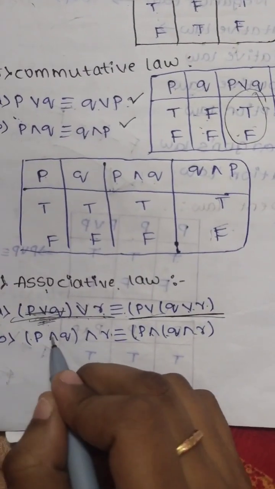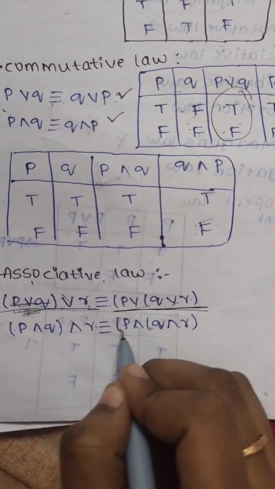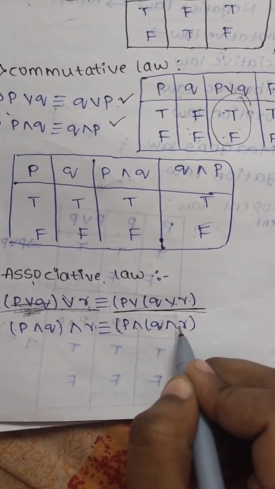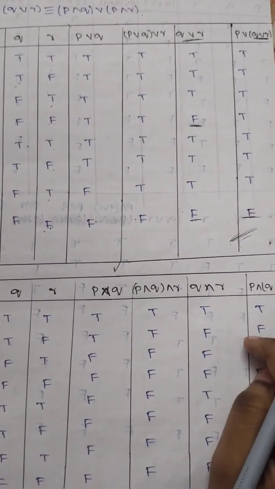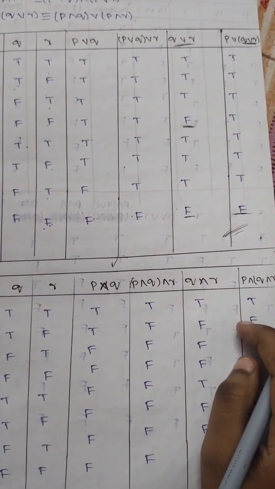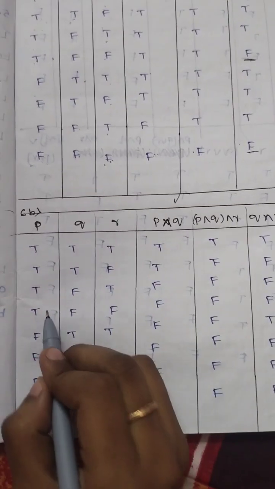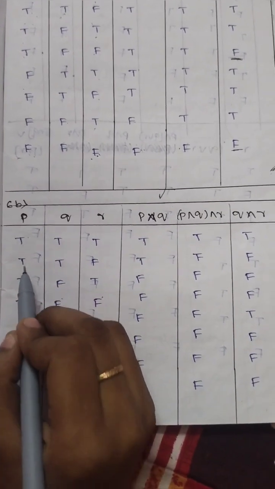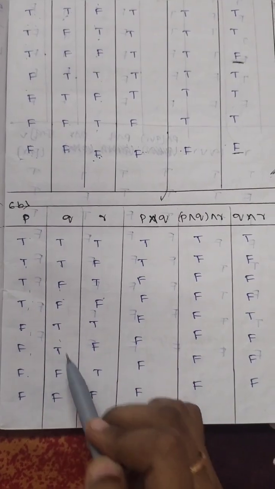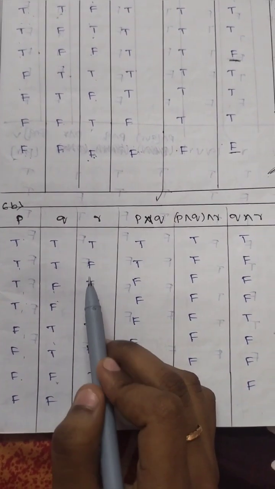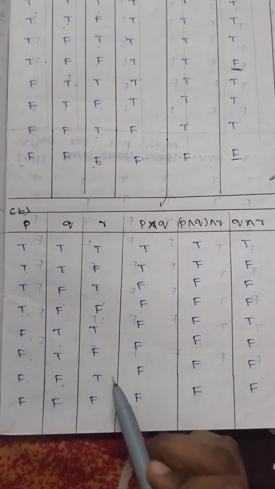Next, second one, and by using AND operation, P and Q and R equivalence to P and Q and R. So here we should check this one. First P Q R: true true true true, false false false false; true true false false, true true false false; R: true false true false true false true false.